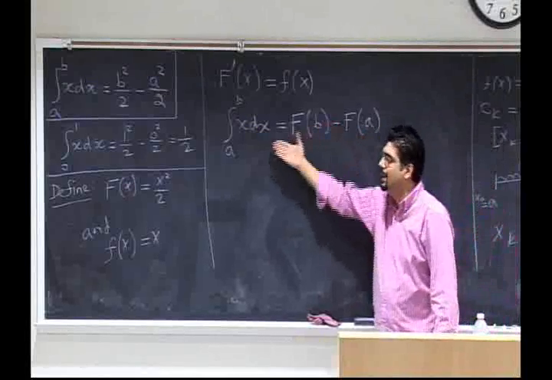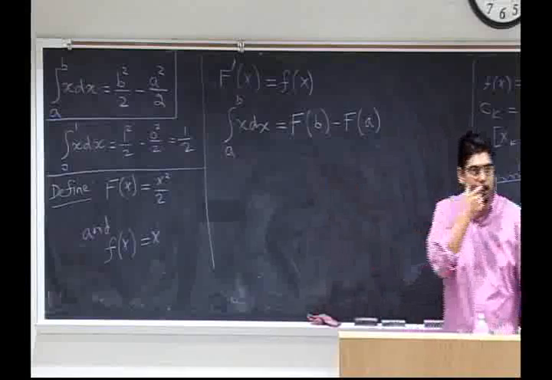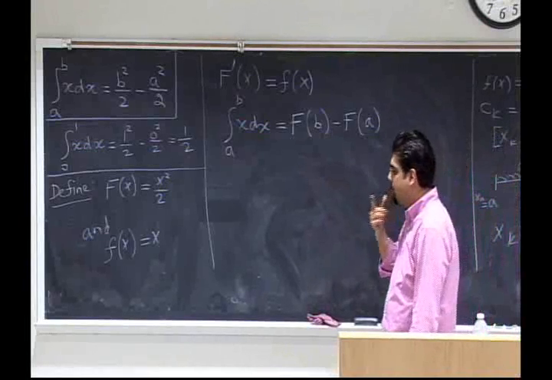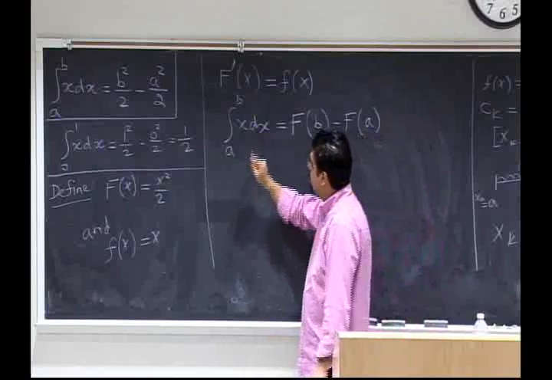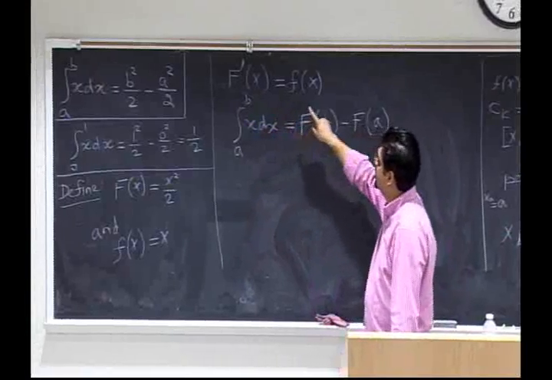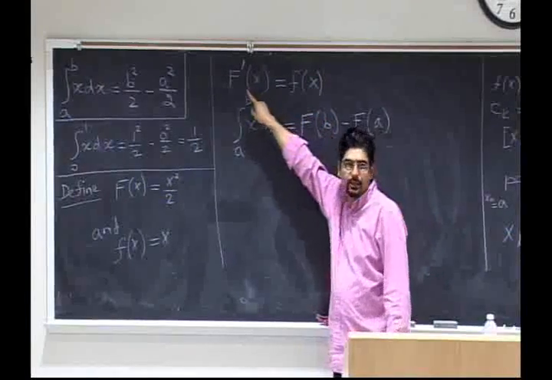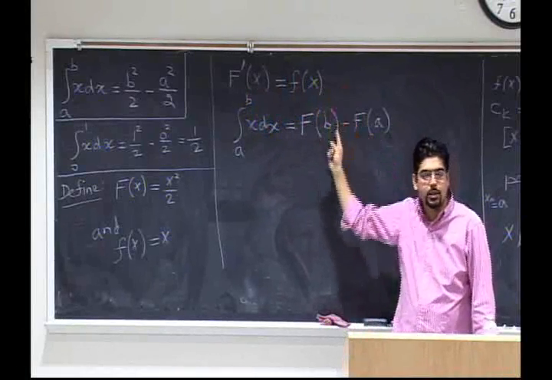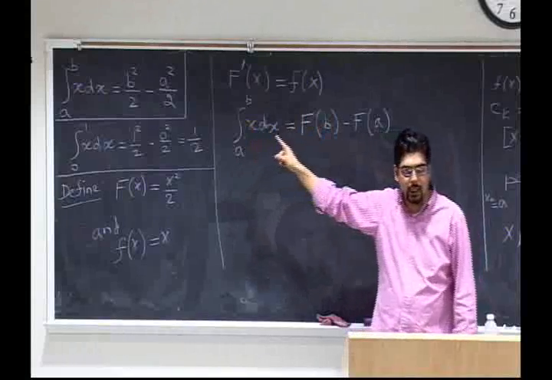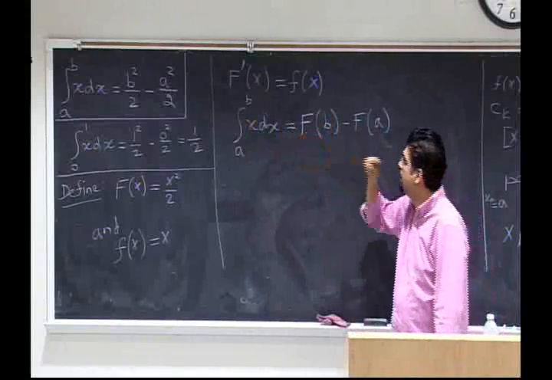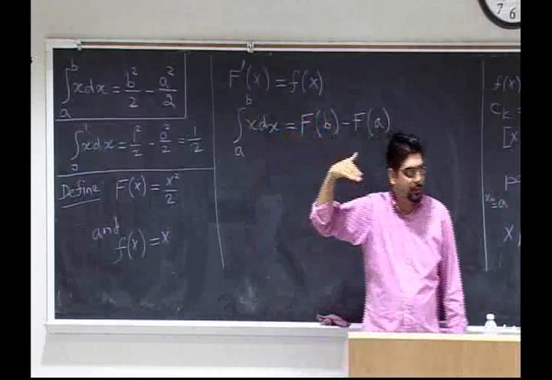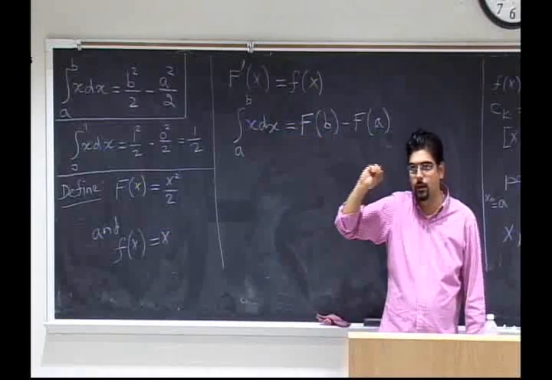So we could just write it this way. Do you notice that? One statement you can make about big F and small f is that the derivative of big F is little f. But there's an opposite way of looking at that: big F is the antiderivative of little f.